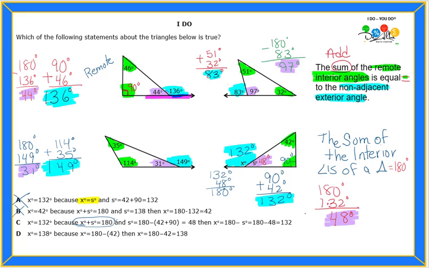And so that is true. And then it says, and the measurement of the angle S is equal to 180 minus the sum of these two angles, which is what we did over here. So that's true, right? Then X is equal to 180 minus S. And that's 132. So yeah, letter C should be my answer, right?